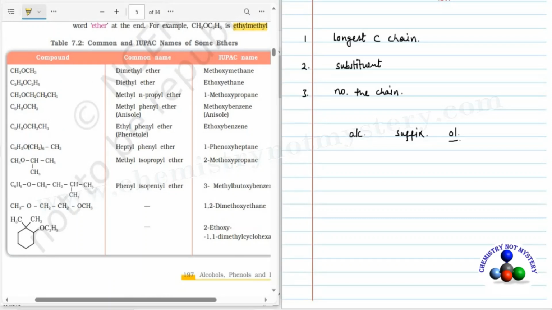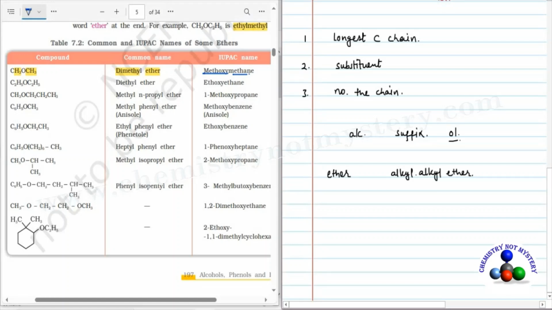In the first example, CH3OCH3 is given. On both sides the same methyl group is there, so in common name you can write dimethyl ether. But the IUPAC name of this ether will be methoxymethane. The common name for ether is alkyl alkyl ether.